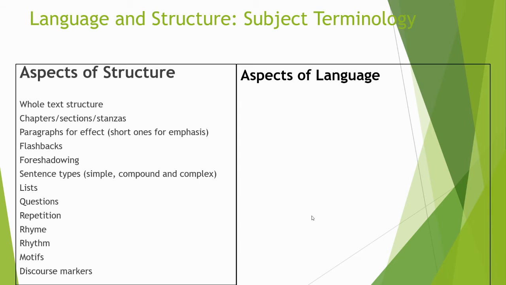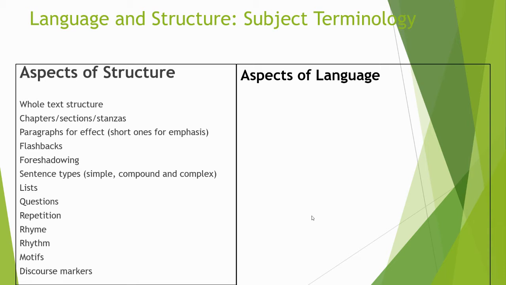Now, I did promise you that I'd tell you some of the key subject terms and ideas for the language and structure questions. Now, I know your teachers will have shared these things with you. For structure, you can talk about the whole text, so the way the writing is actually presented from beginning to end. You can talk about the different sections in a text, or how the writer uses paragraphs for effect.